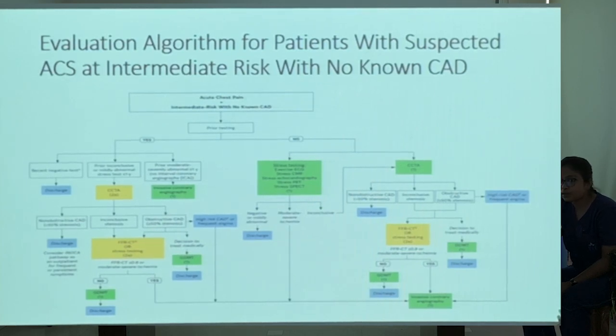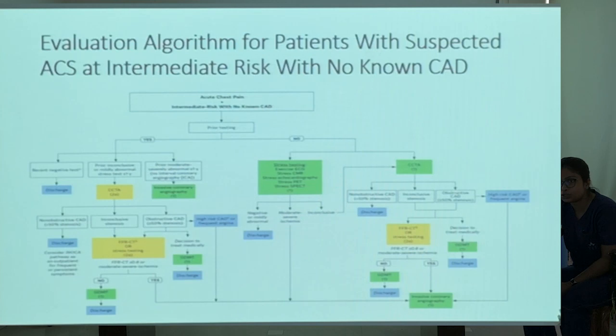If the prior testing is inconclusive or there is a mildly abnormal stress test, then we will be proceeding for angio. And if there is a prior moderate or severely abnormal stress test or interval coronary angio, prior inconclusive.